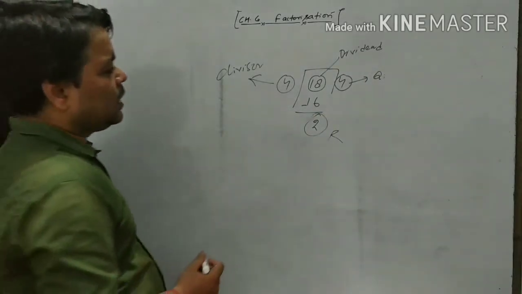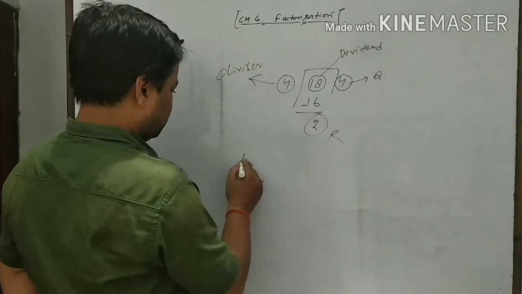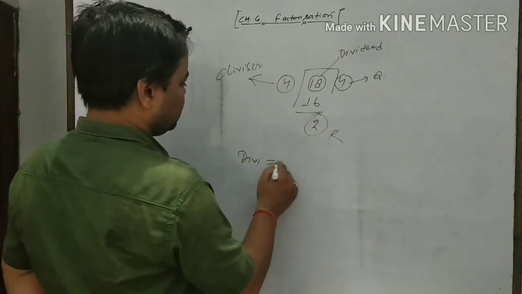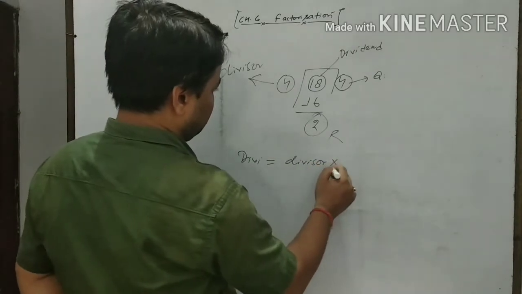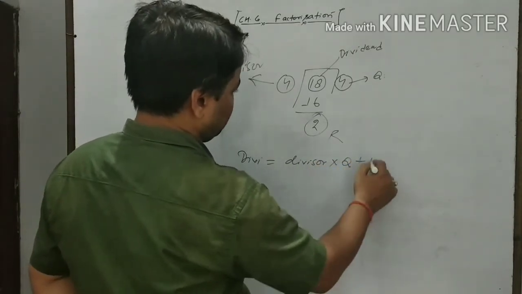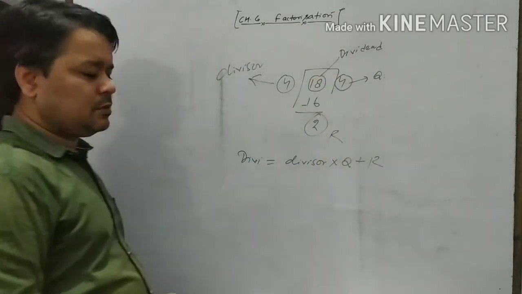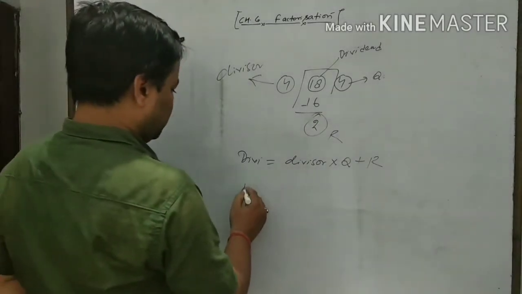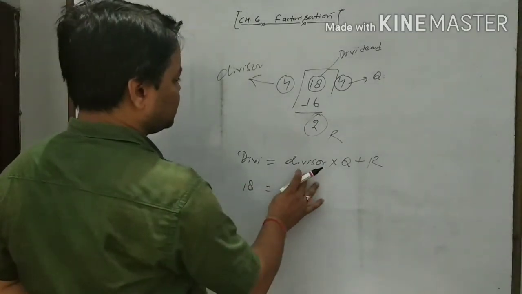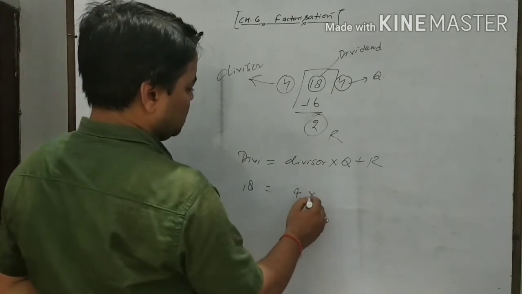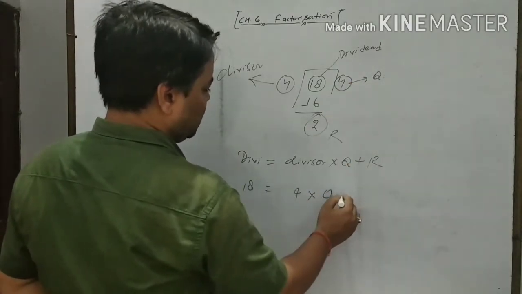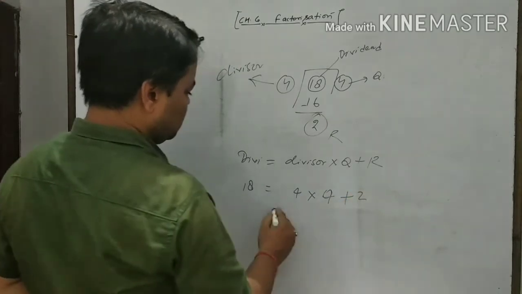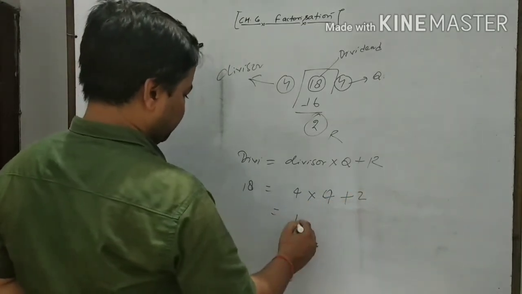Therefore, how do we verify this? Dividend is equal to divisor into quotient plus remainder. Here dividend is equal to 18. Divisor is 4. Quotient is also 4. And plus remainder is 2. So 4 fours are 16 plus 2, 18.